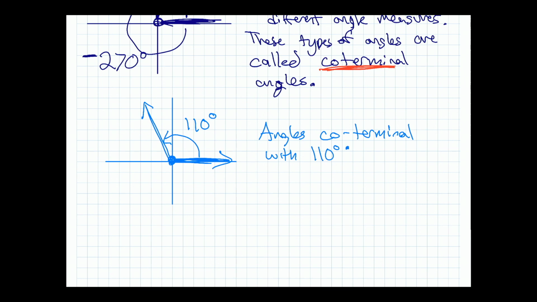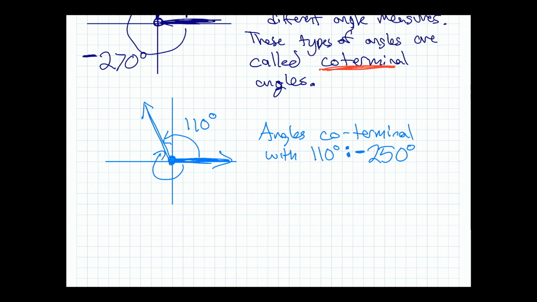All right, here's some of them. One of them is if you just go around this way, what would it be? Well, hopefully you remember that all the way around a circle is 360, right? So if it's 110 on one side, it's probably 250 the other direction? And I know it's negative 250 because we measured in the negative direction there. So negative 250 degrees is coterminal with 110.